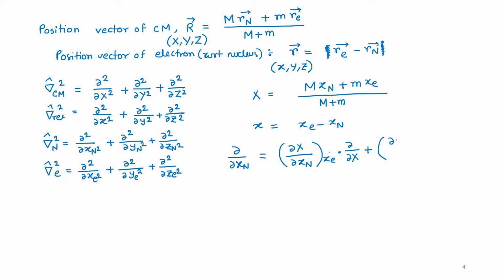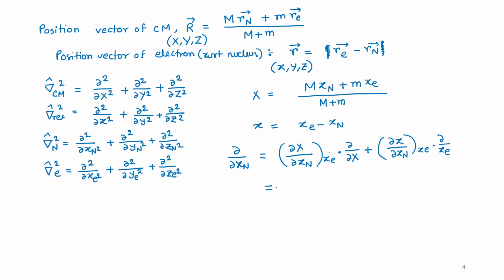That is why I am trying to highlight it, so that you can learn how that conversion was done. When we are converting these things, then del xn, obviously where xe is constant, multiplied by del small x.